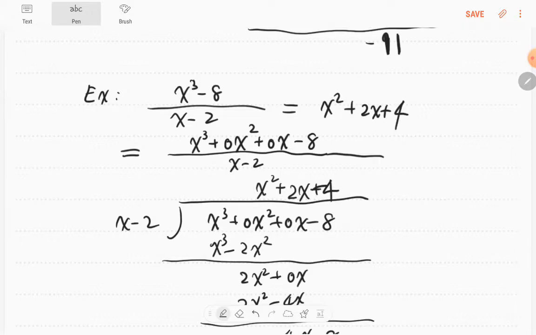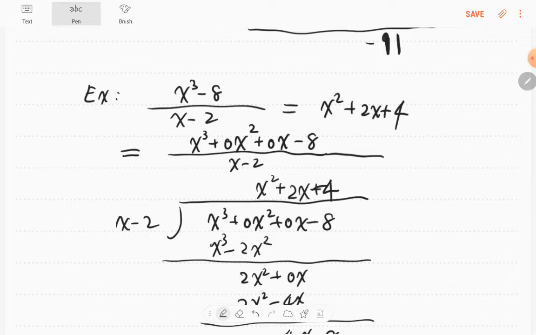Okay, so when you do the long division, first check your dividend. If there is a missing term, make sure you insert the missing term first, then you could start your long division.